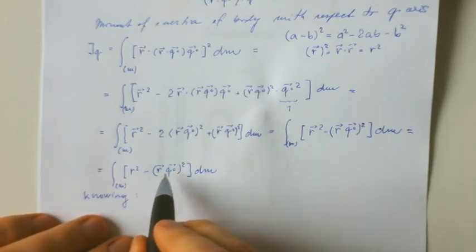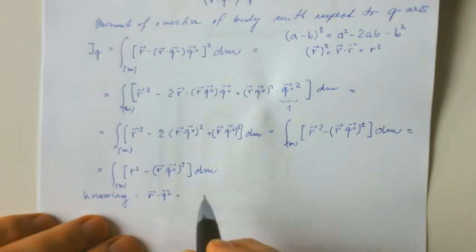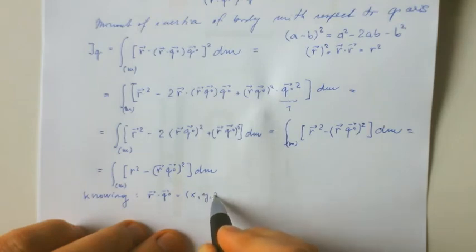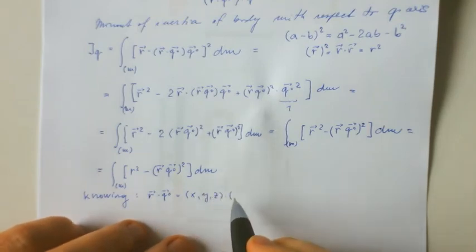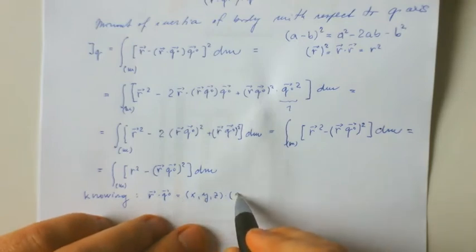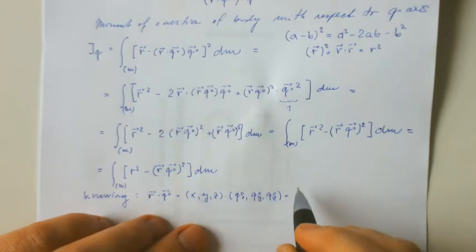so let's analyze this. So r by q is what? So r is x, y, z, and q0 is q0x, q0y, q0z. So it is scalar multiplication.